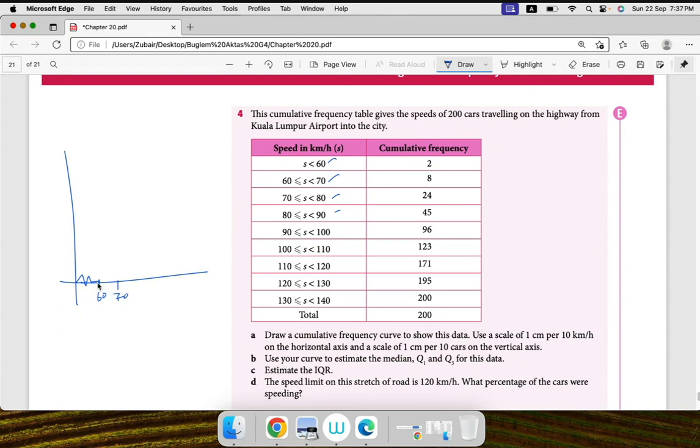So at 60, it is 2. The highest value on the x-axis is 140, and the highest value on the y-axis is 200. This is 0, and this is 2. And the scale is given.